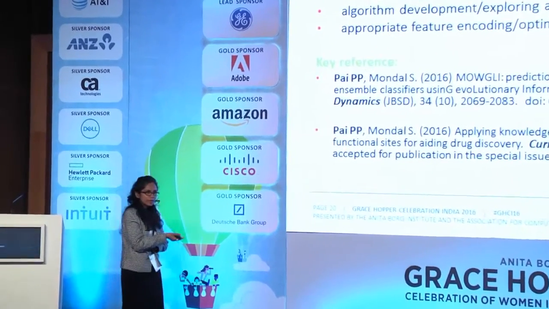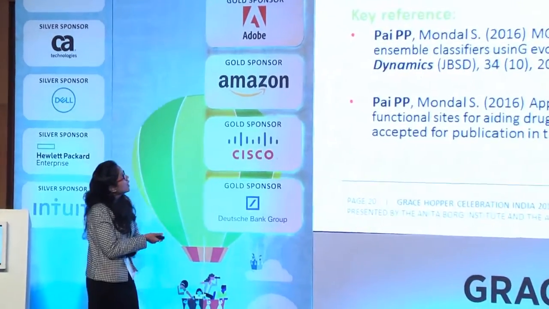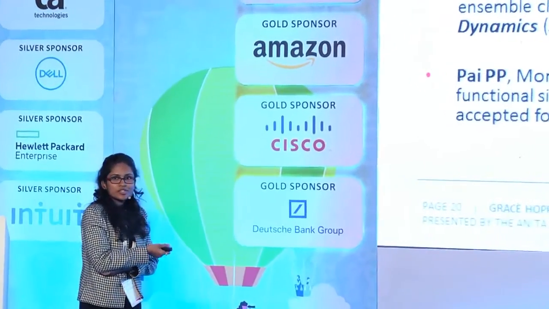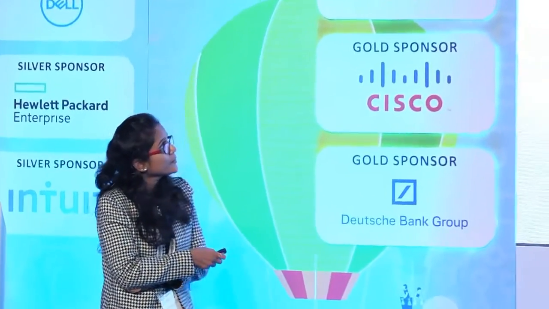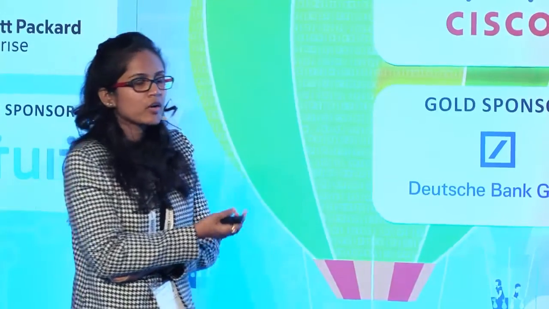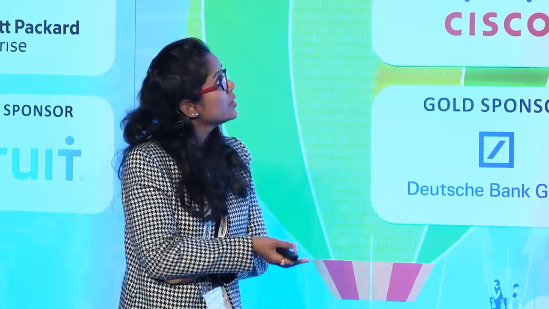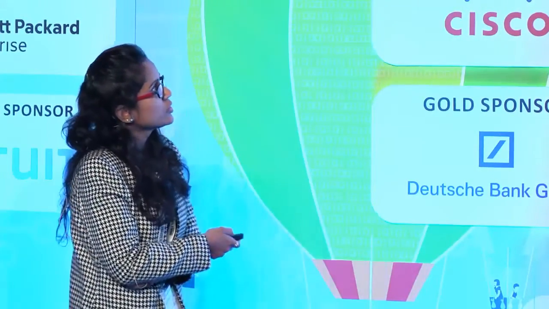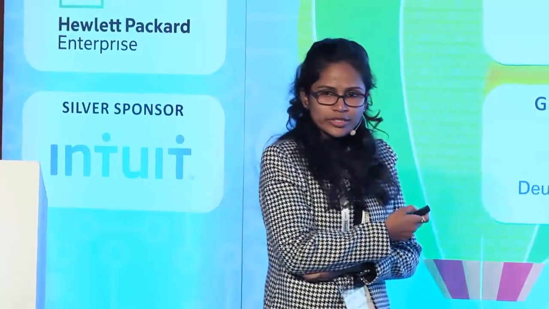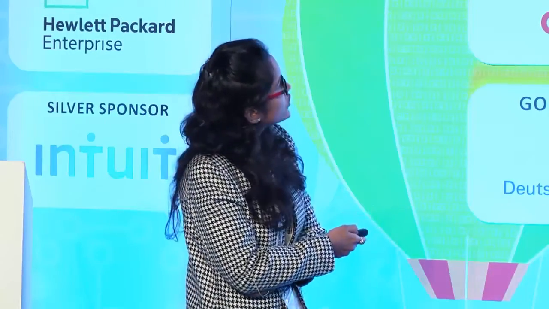We need to explore applications of these algorithms. We can look into other features and their encoding, and we can explore the discrimination power of the existing approaches and the novel approaches. If you want more details of this study, you can refer to this paper.